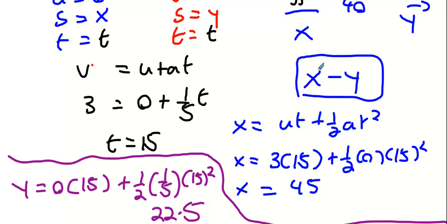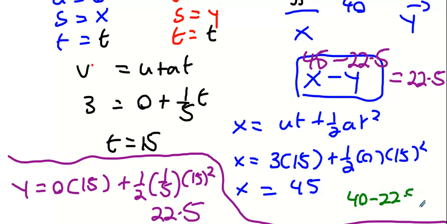What do we say x is? 45. What do we say y is? 22.5. How much extra distance did it make up? No, it made up 22.5 extra meters, but the initial lead was 40, and then 40 take away 22.5, 17.5 meters.